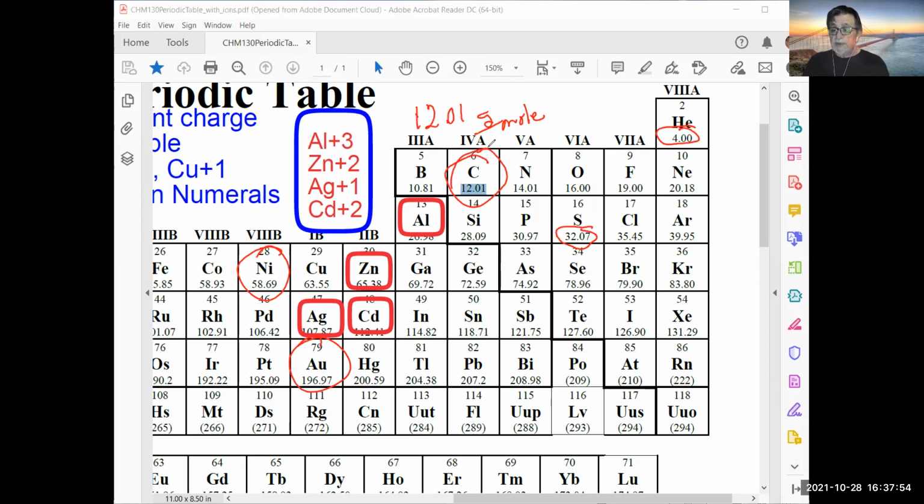What all three have in common here is they all have exactly 1 mole. And that means that they have 6.02 times 10 to the 23rd atoms, all of them at 1 mole. Just like the small eggs that were 100 grams per dozen, there's 12 eggs there.